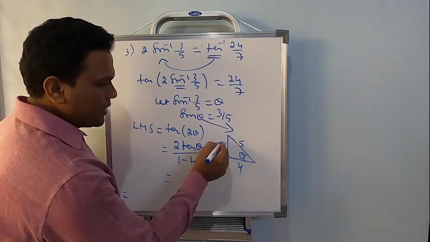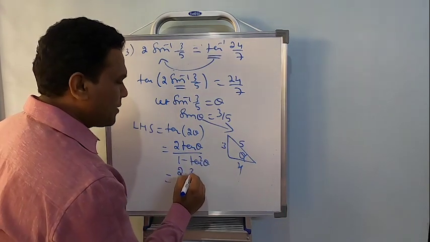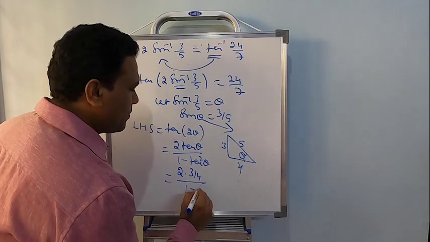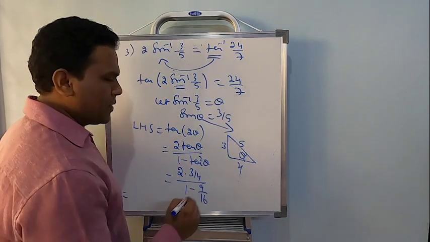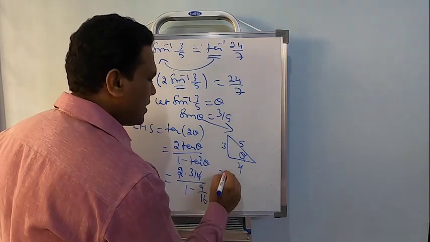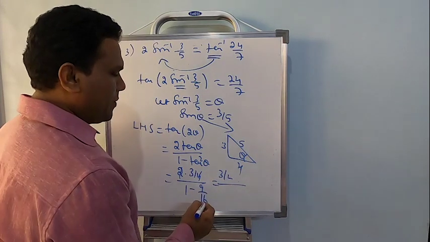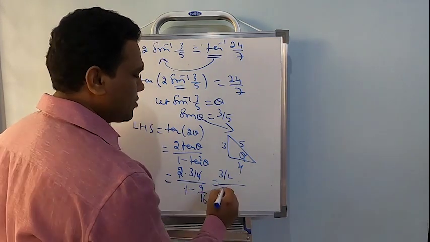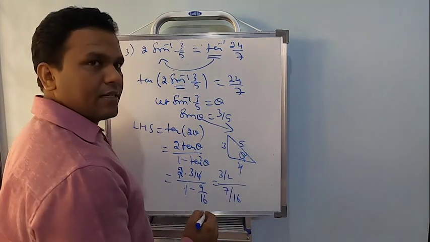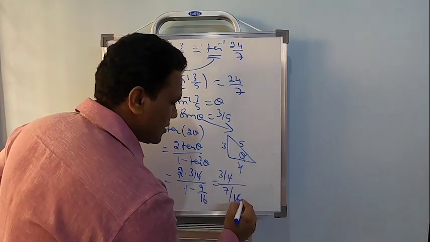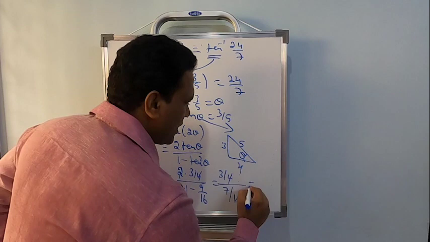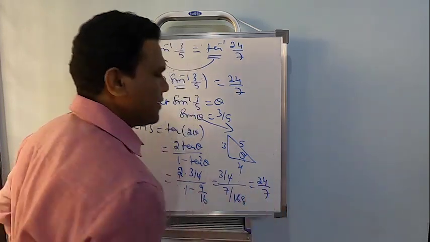So I want the tan definition, which is 3 by 4. So 2 multiplied by 3 by 4, over 1 minus 9 by 16. So let us simplify. The numerator will be 3 by 2 and the denominator will be 16 minus 9, so that's going to be 7 by 16. Simplify this. This goes 8 times. So 8 into 3, 24 by 7.